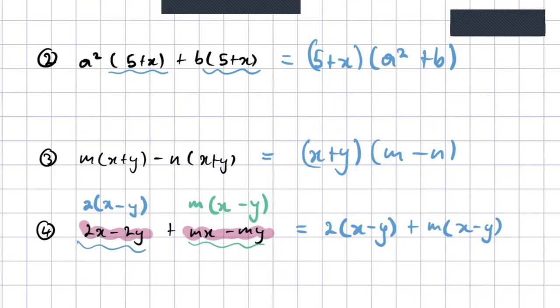So we're going to factorize that out now. Putting it all together, I'm going to have an x minus y, left with, if I remove the x minus y from the first term, I'm left with 2. If I remove the x minus y from the second term, I'm left with m. So 2 plus m, and that's your final answer.